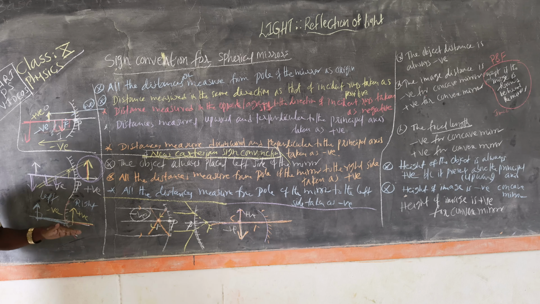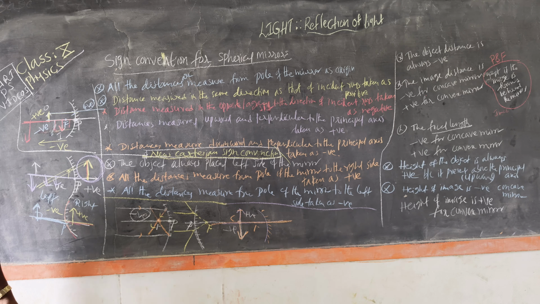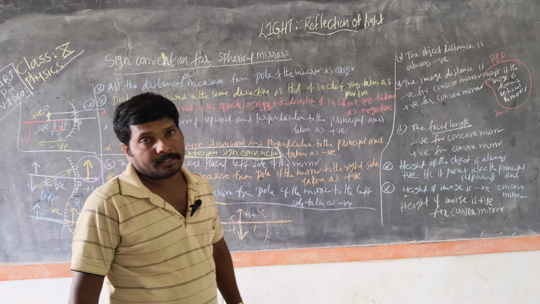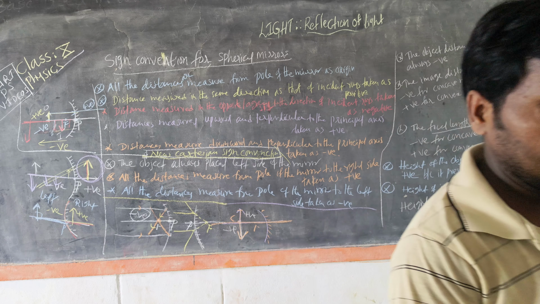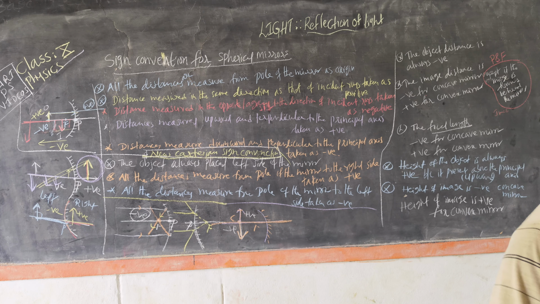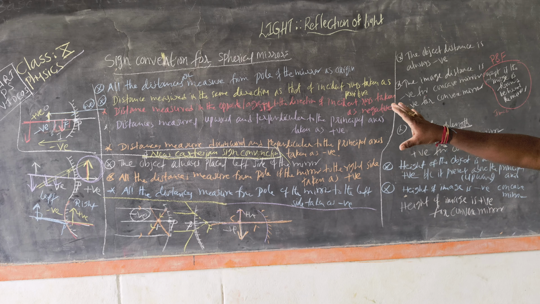If anything is below the principal axis, we take it as negative. If the image is formed above the principal axis, upward and perpendicular to the principal axis, we take it as positive. Right? So that's why some are positive and some are negative.